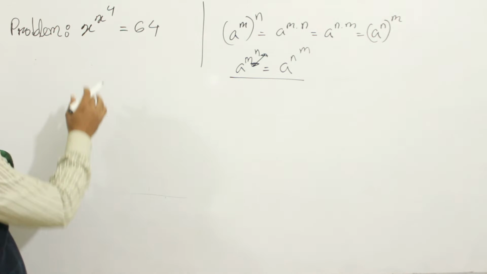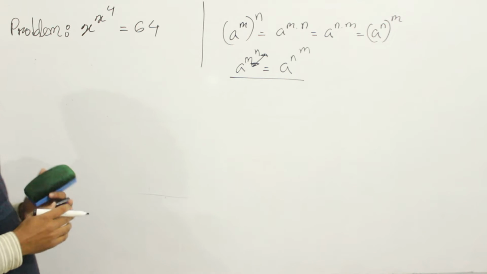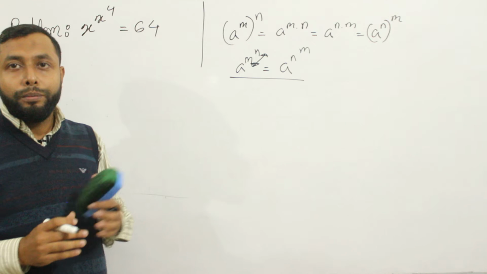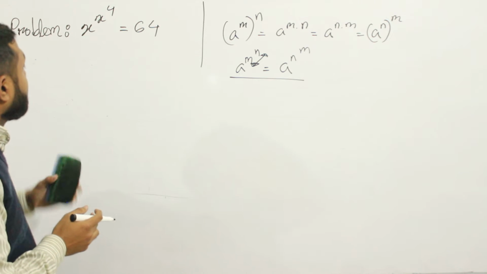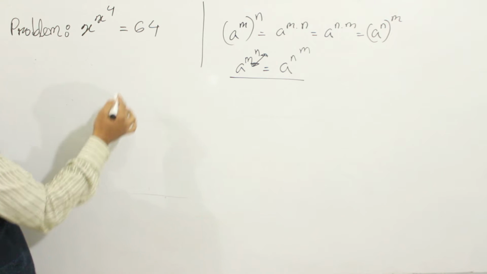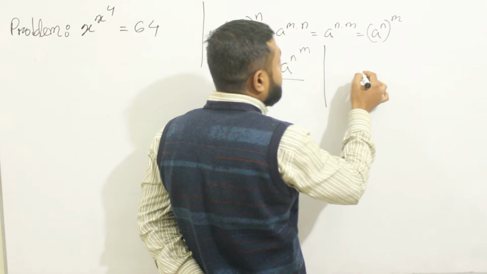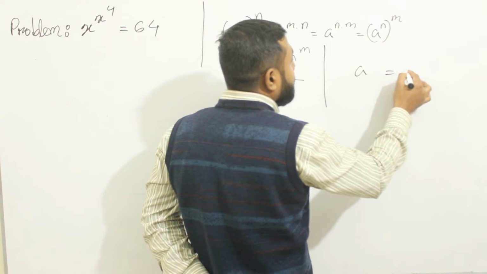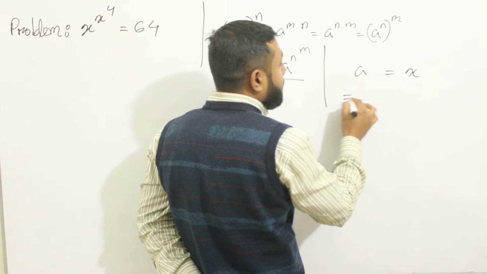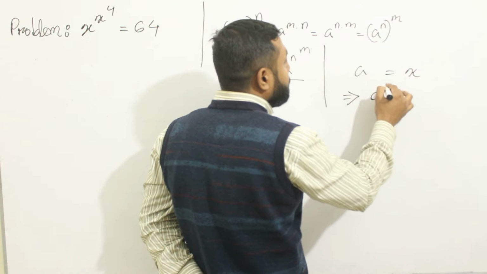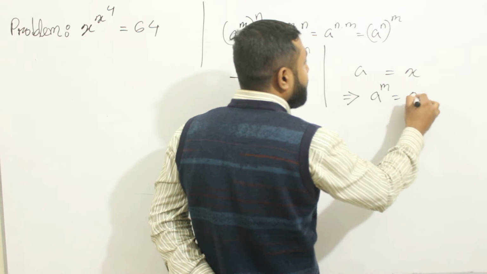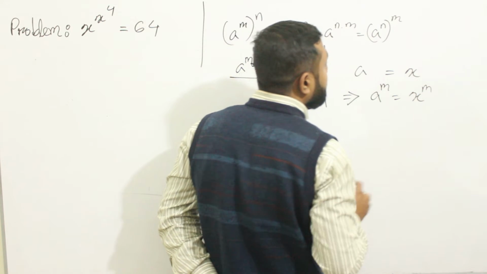So from the problem stated here, we may simplify it by another formula: a is equal to x, then a to the power m is equal to x to the power m.